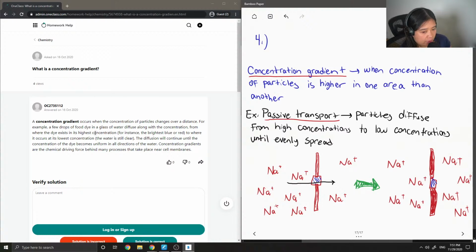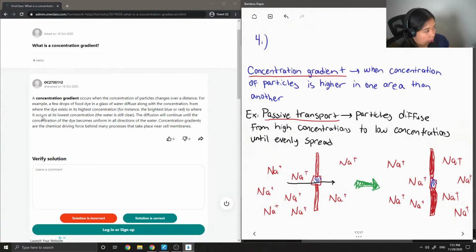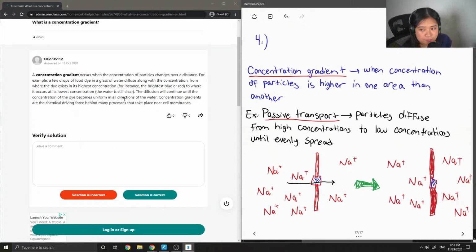Let's see what the junior tutor said. Concentration gradients occur when the concentration of particles changes over a distance. For example, a few drops of food dye in a glass of water diffuse with the concentration from where the dye exists in its highest concentration, for instance, the brightest blue or red, to where it occurs at its lowest concentration, where the water is still clear.